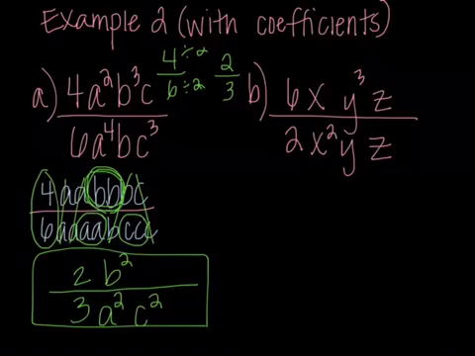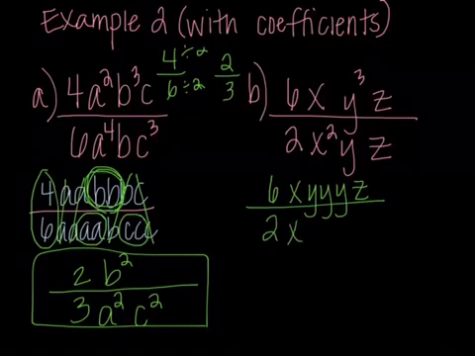Again, I would expand out, so 6 times x times y to the third power times z over 2 times x squared times y times z. Now I'll look for anything I can cancel. Notice I can cancel 1 set of x, 1 set of y, and 1 set of z.